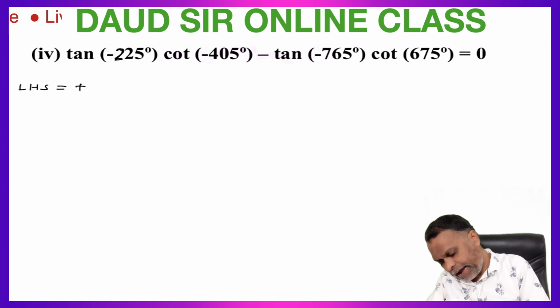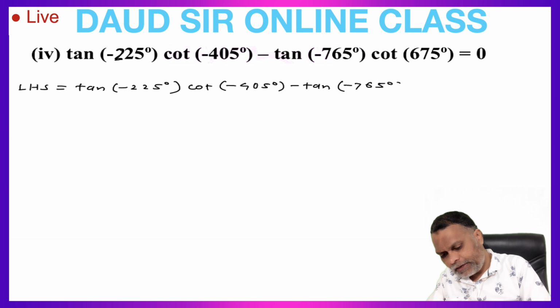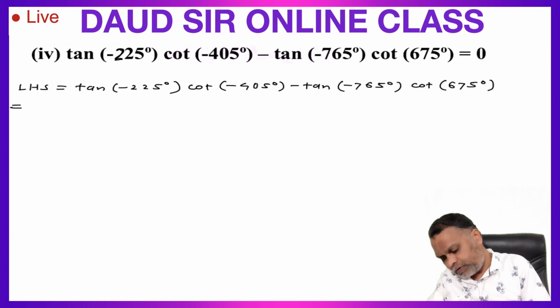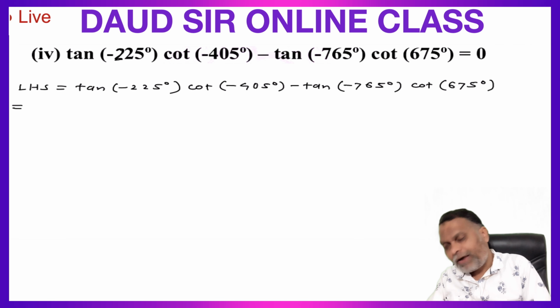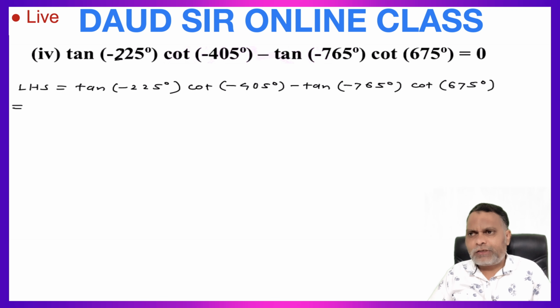LHS is equal to tan(-225°) into cot(-405°) minus tan(-765°) into cot(675°). Minus theta lies in fourth quadrant. In fourth quadrant, cos and its reciprocal sec are positive, other trigonometrical ratios are negative there.